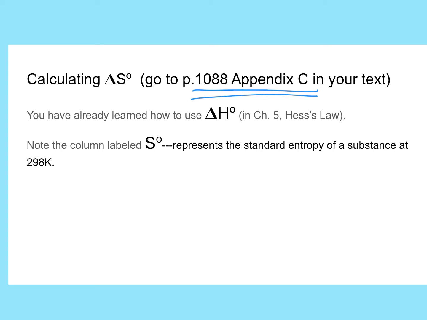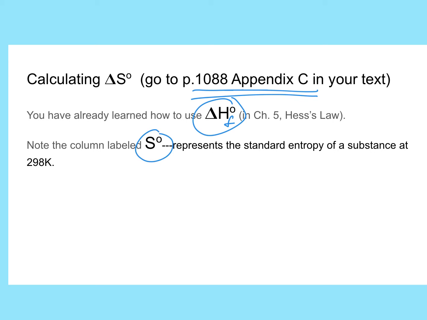Now you already know how to use the column of values labeled as delta H of formation, because we learned how to do Hess's law back in chapter 5, and that's the usefulness of, in this table in the appendix, the first column of values labeled as delta H. Okay, that's the use of those. We're going to skip that middle column for a minute, and I want you to look at the third column, which is standard entropies. Okay?